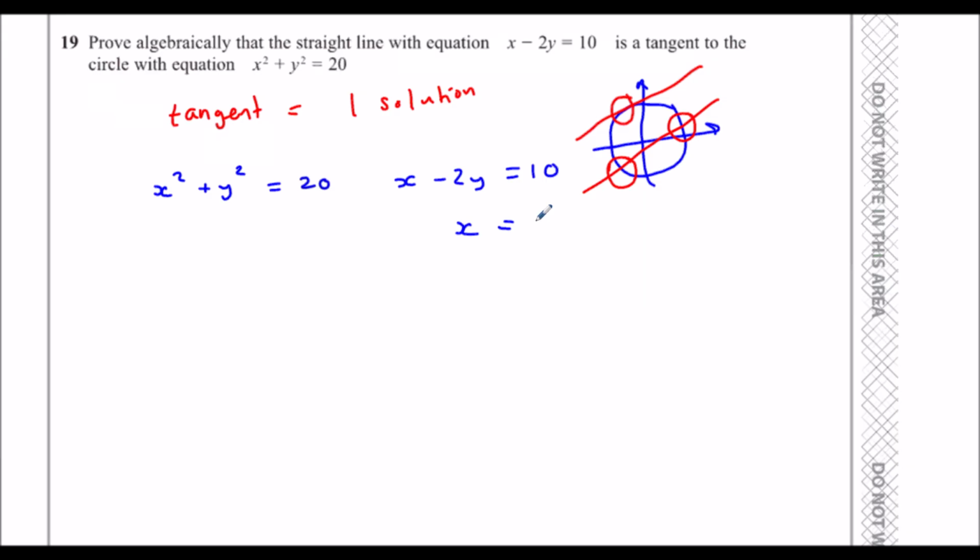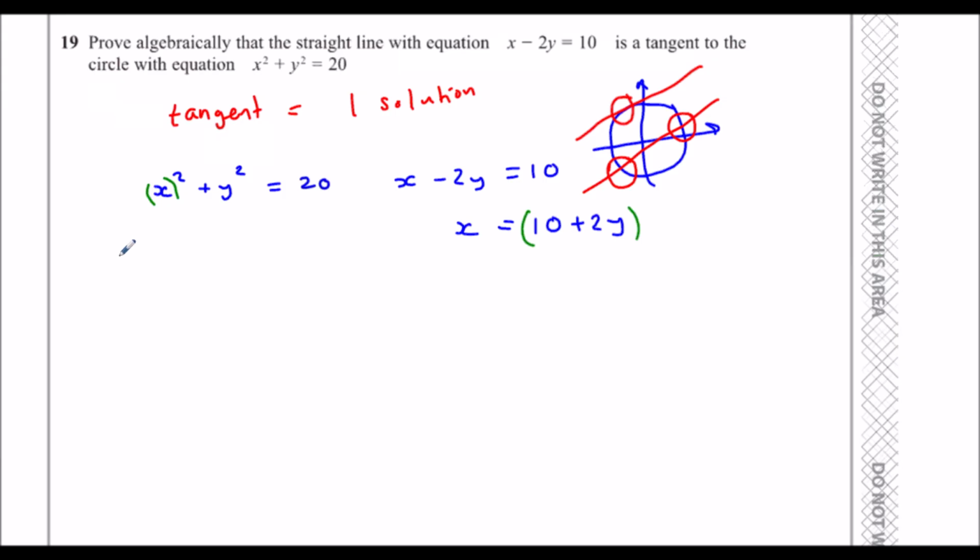So I'll have x equals 10 plus 2y. Then I'm going to substitute it in for x. I'm going to change x in this equation to 10 plus 2y.